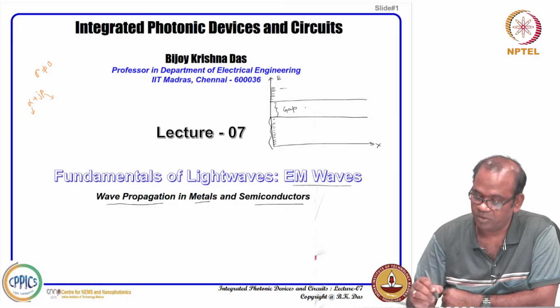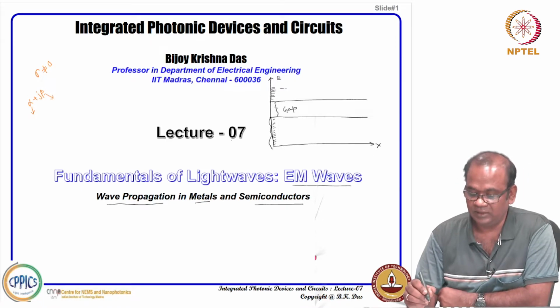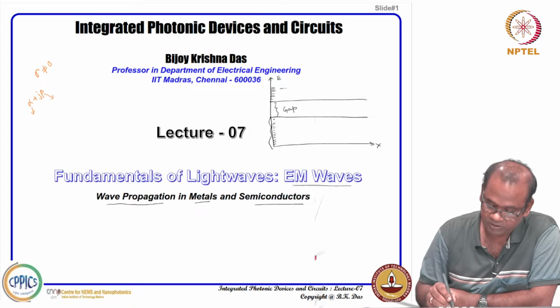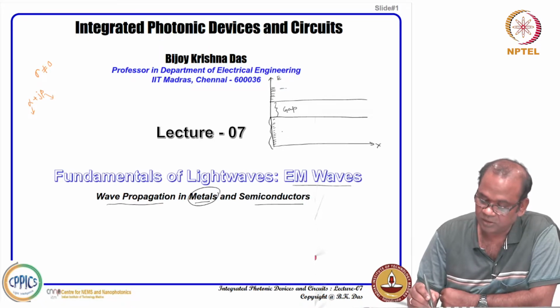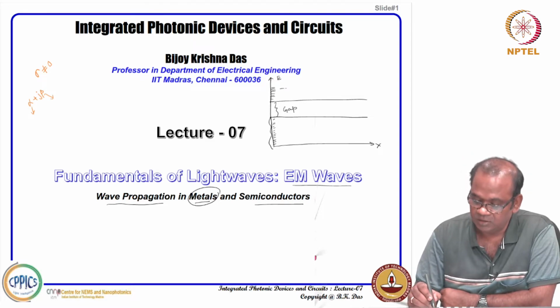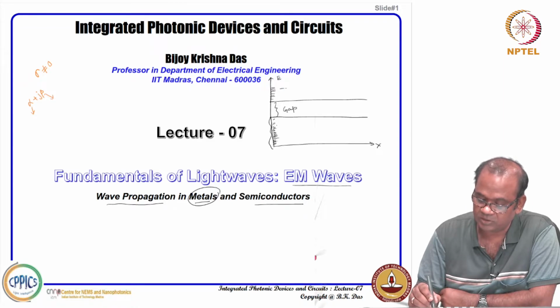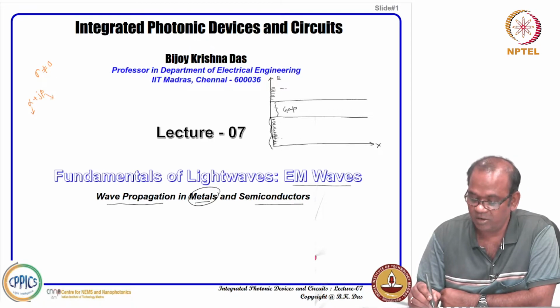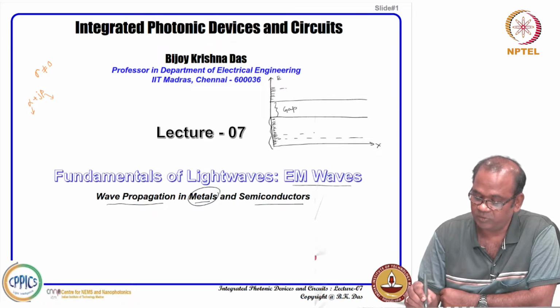bands. So, typically in metals, if you consider the topmost band, all the energy lines, energy solutions, within the band may not be occupied, and up to this point you can see electrons everywhere.